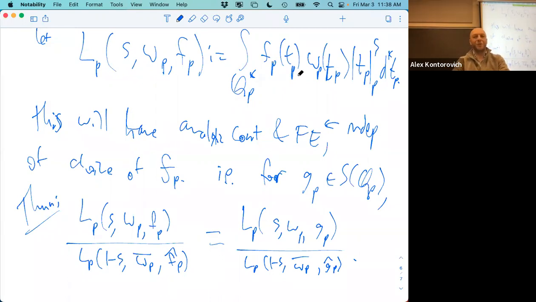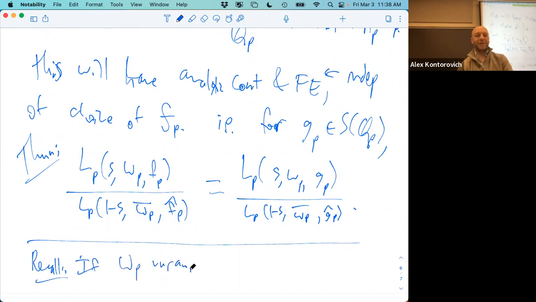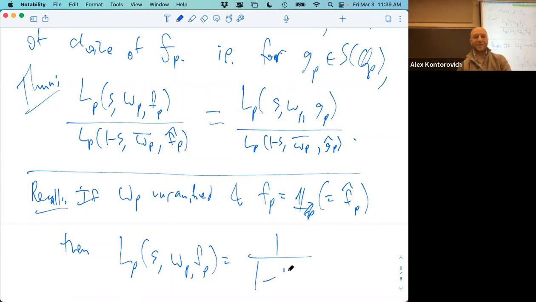And when you compute this integral, this is exactly where we get the classical local L value. Recall, if omega_p is unramified and f_p is the indicator function of Z_p, which by the way is also its Fourier transform, then we did this computation: L is 1 over 1 minus chi(p) over p to the s.